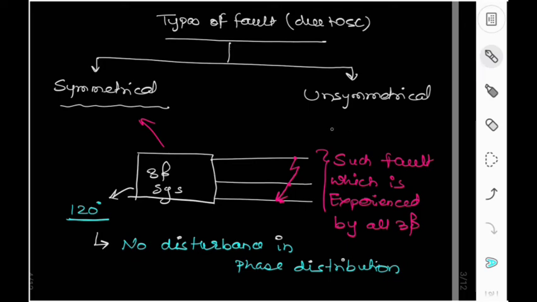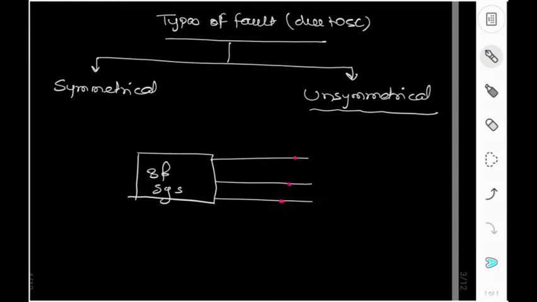If we talk about unsymmetrical fault, suppose this phase experiences fault. Then the fault experienced by the third phase will not be the same as the other phases. The other phases don't experience the fault, right? So under such condition, the phase distribution between all these three phases will get disturbed. The phase distribution is normally 120 degrees for three phase. If one phase experiences fault, then the phase distribution gets disturbed.